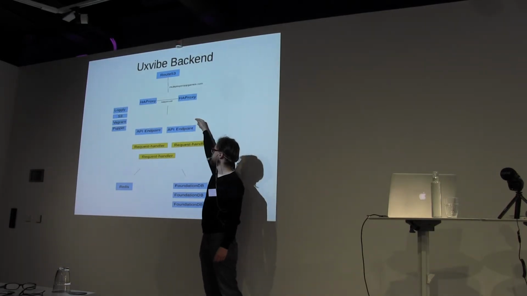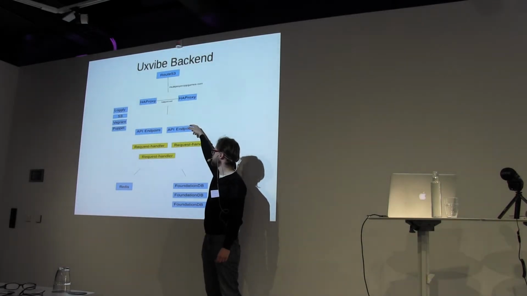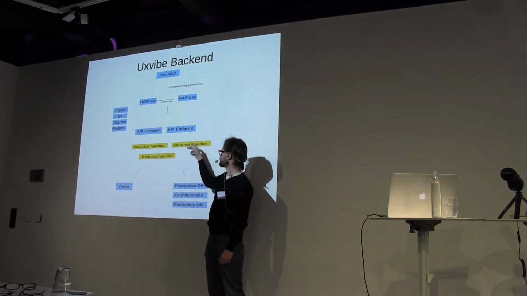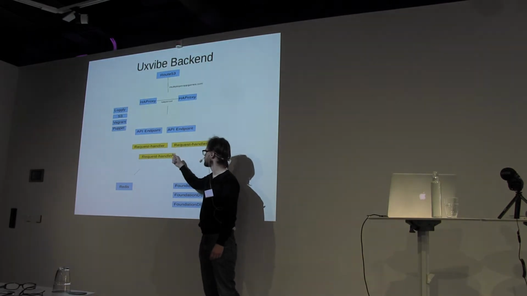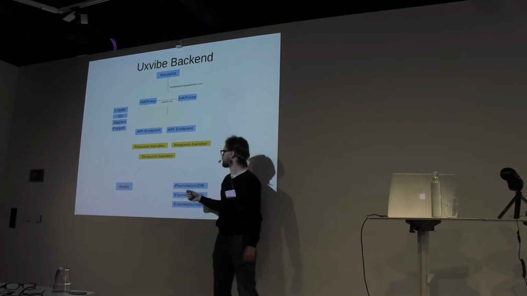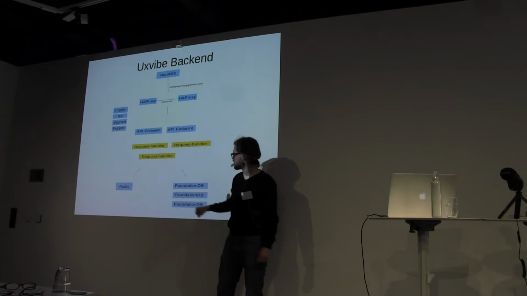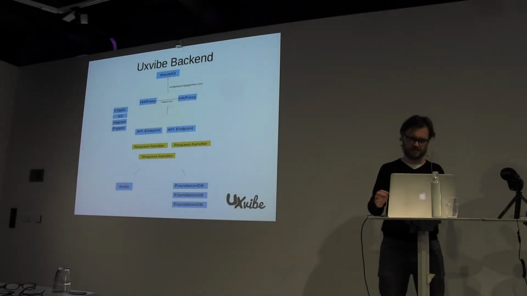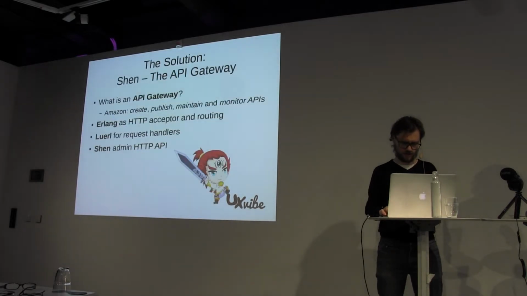So the HTTP request comes into the endpoint, and then the web server determines which request handler should handle this request, and then you route it to this one. And these could be running on the same machine or different machines, or you can run it on multiple, of course. And then there's some data backing that up. And all of this was written in Erlang, or actually it still is written completely in Erlang.